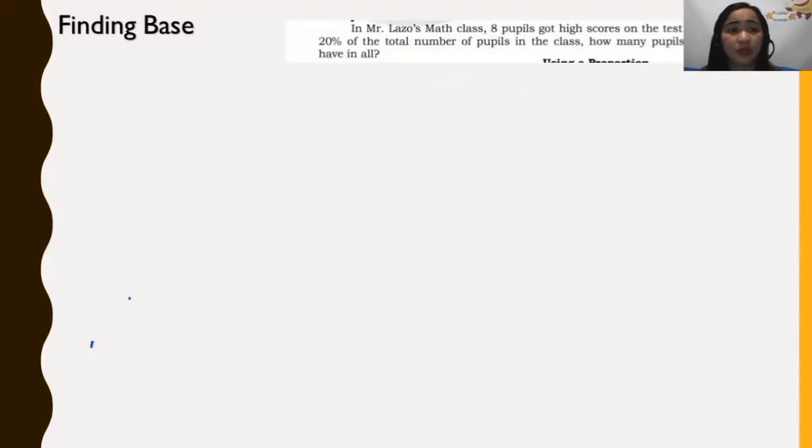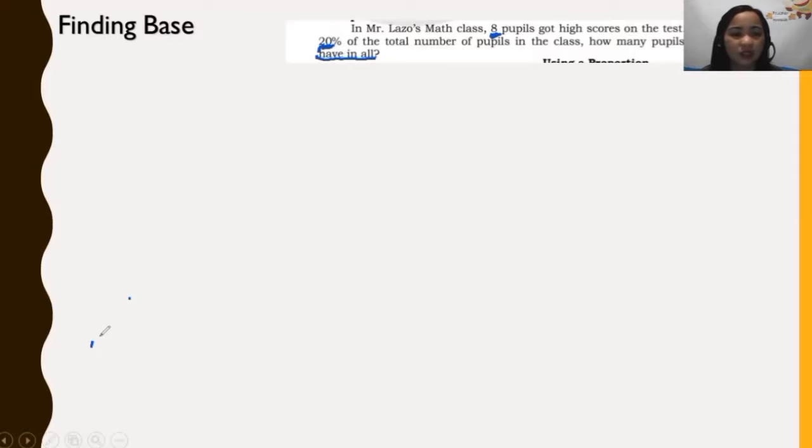If this is 20% of the total number of pupils in the class, how many pupils does he have in all? So here, if you notice, what is being asked is the total number of pupils. How many pupils does he have in all? Meaning, the whole is what we are looking for. 8 pupils got a high score, and it is equivalent to 20% of the total number of pupils.